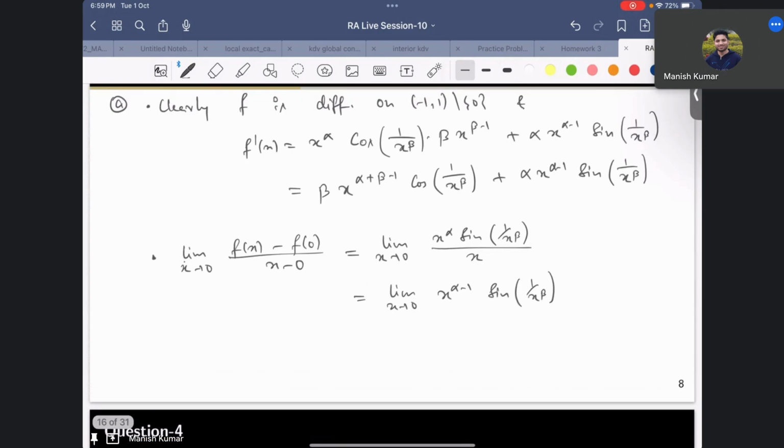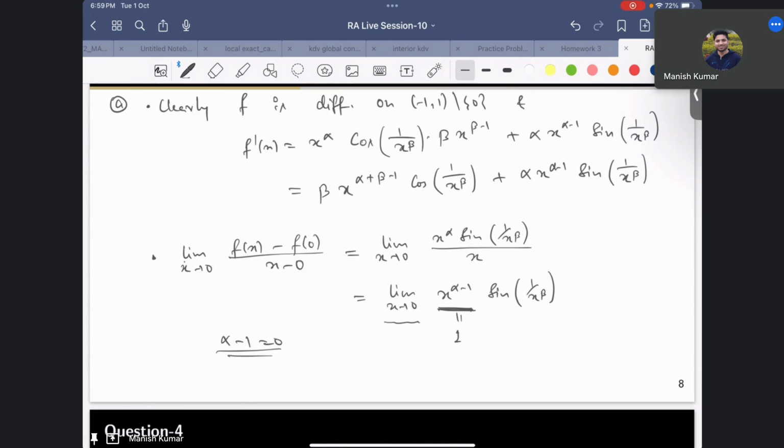Now over here you can clearly see that if α − 1 is equal to 0 or less than 0, in that case this limit will not exist. So there are two cases. If α − 1 is equal to 0, this factor will be 1, so I'll have just the sine function, and the limit will not exist at all, because it is oscillatory.